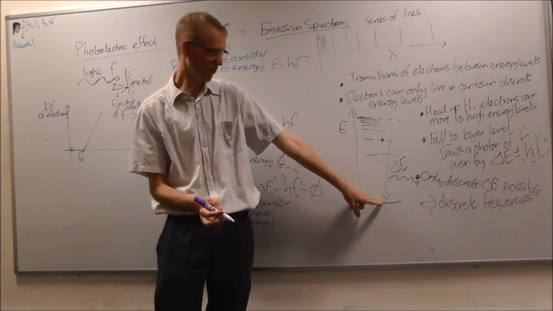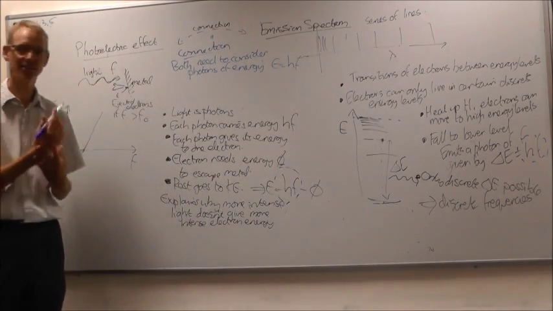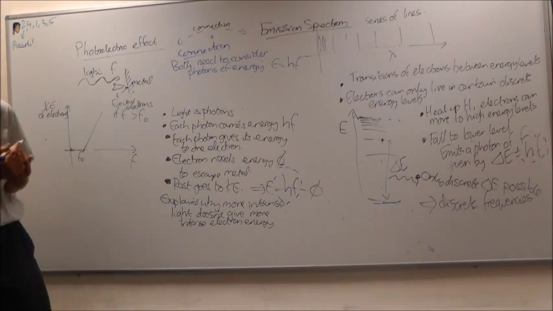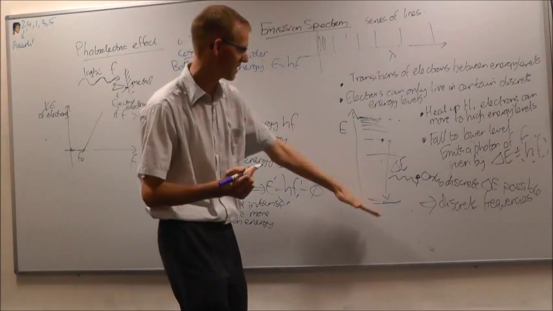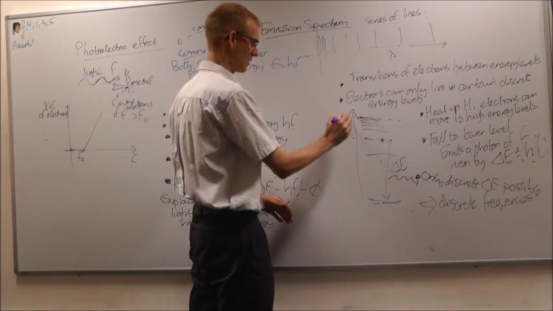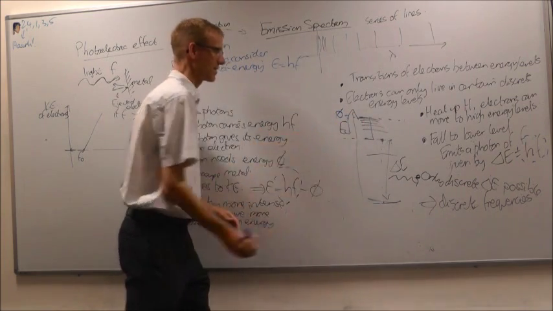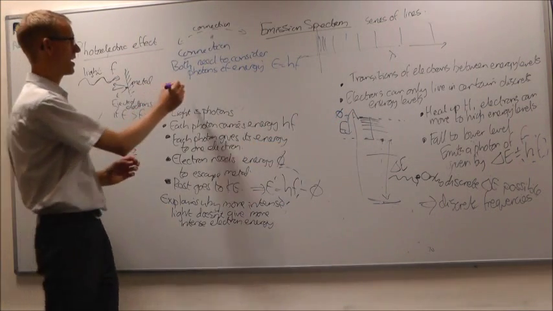So to take an electron from here up here, it's going to take a certain discrete amount of energy. So let's say in a metal your electrons are full up to here. Then to take them out is going to need a certain amount of energy.